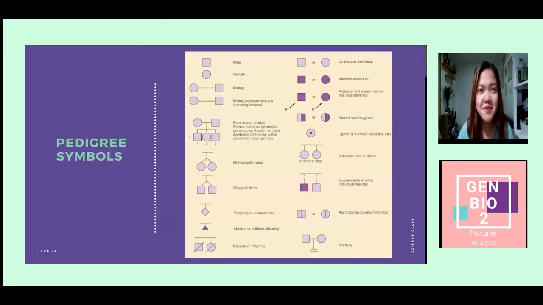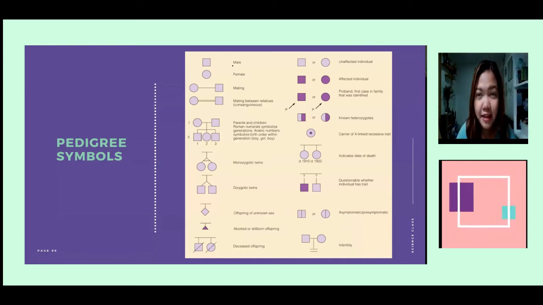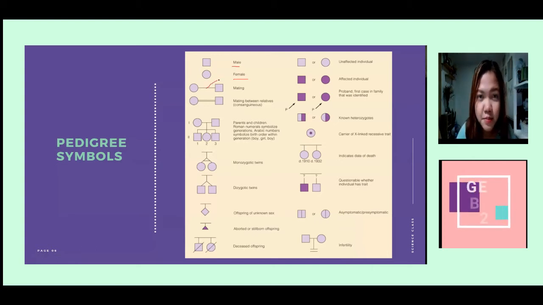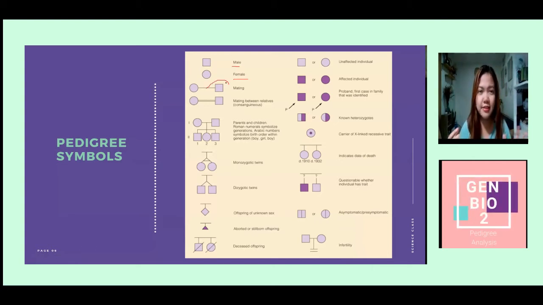Okay, so now let's go to the pedigree symbols. Let's start with the square. If you see a square, it means that individual is male. If it's a circle, that is female. If you see a line connecting these two, it means that they are married, or they are the parents.